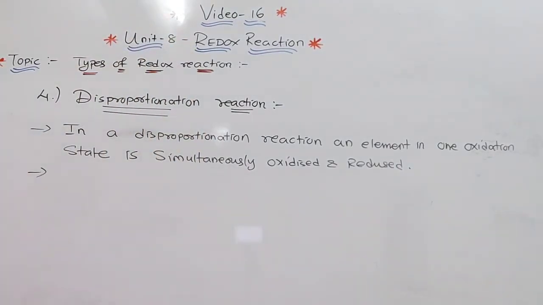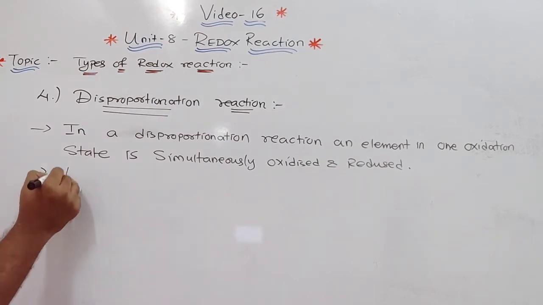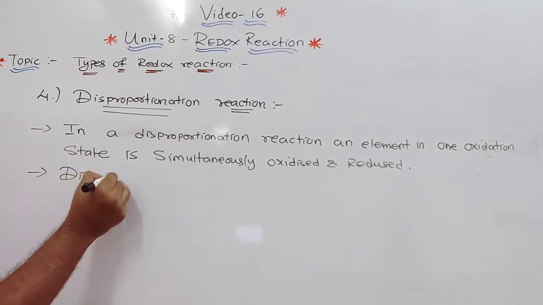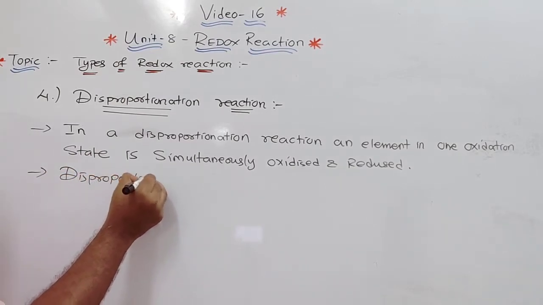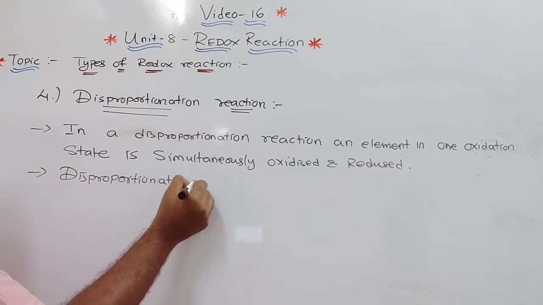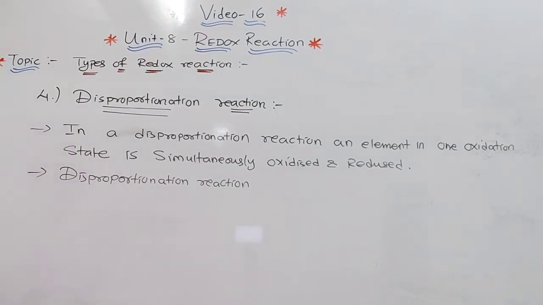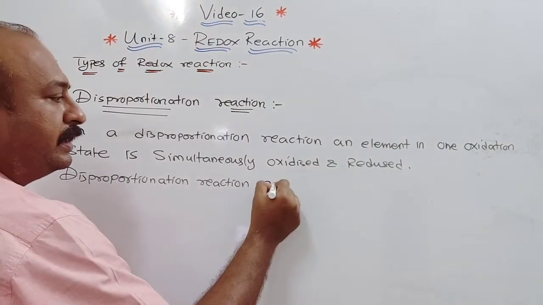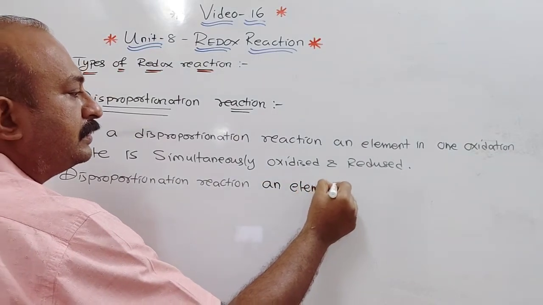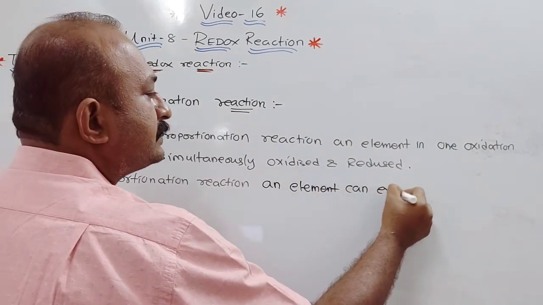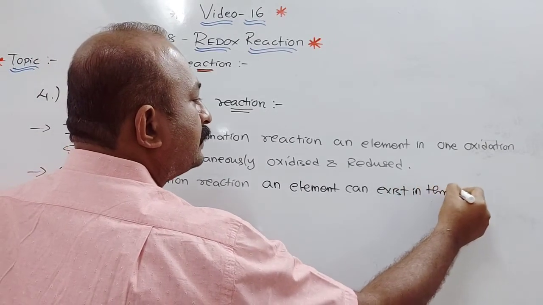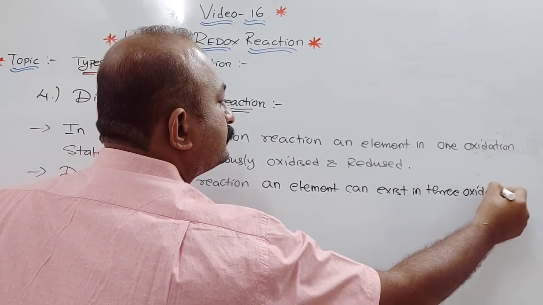Second point you can write is that in a disproportionation reaction, an element can exist in 3 oxidation states.